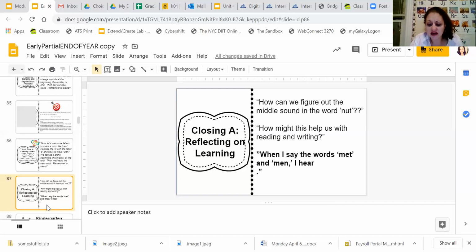I'm going to actually write it on my board because it might help me see what I'm missing. Met and men. When I say those words, what do I hear? I know, I hear the same beginning and middle sound, but then I hear a different ending sound.